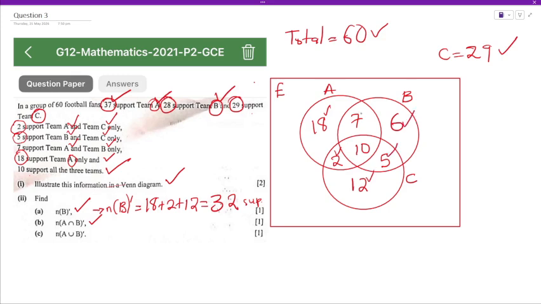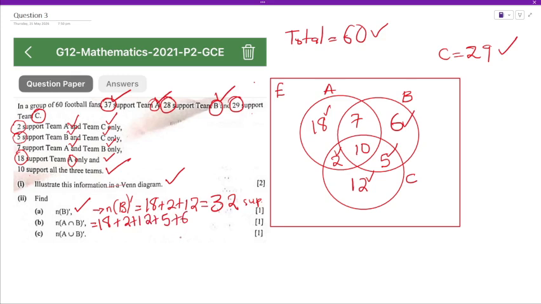The shortcut is, since you know the total should be 60, simply subtract the sum of these two. 60 minus 17 will give you the answer you're looking for. So let's try. 60 minus 17 gives me 43. But let's try the longer method. So we're going to say this would be 18 plus 2 plus 12 plus 5 plus 6.